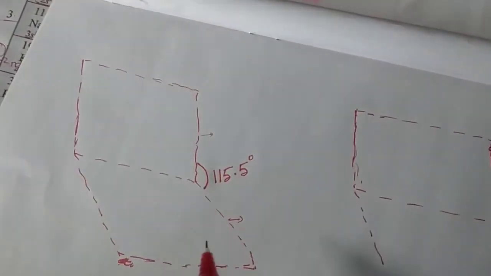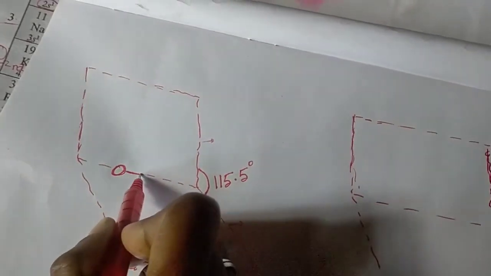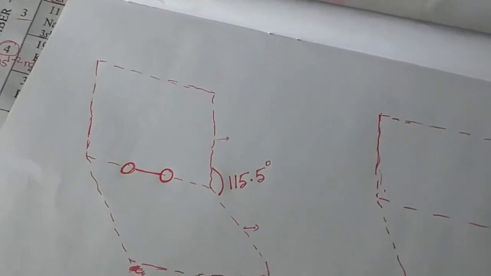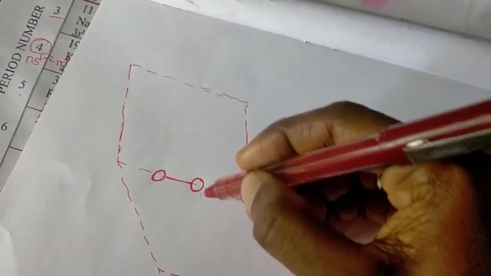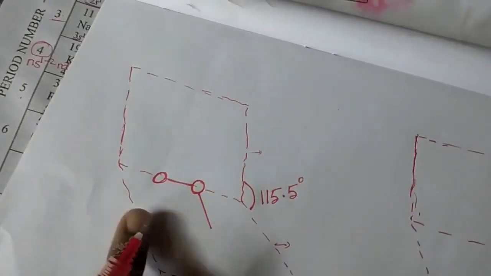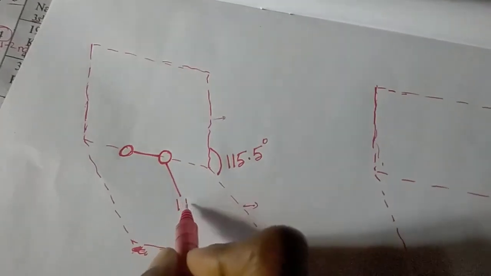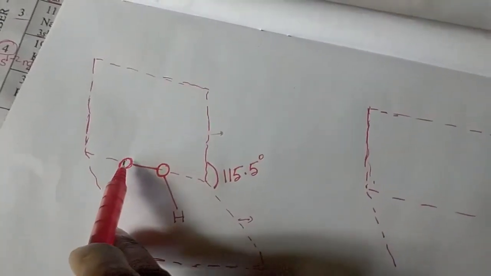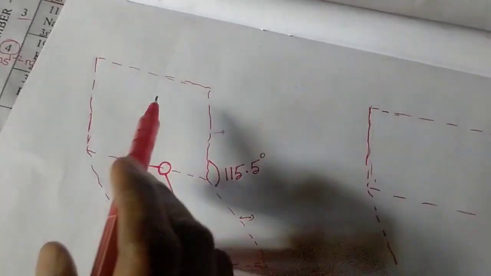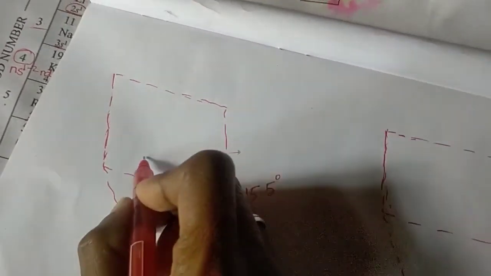In the structure, at the center of the two planes, oxygen is placed. Oxygen bonds with another oxygen, and the hydrogen connected to that oxygen is in this plane, and the hydrogen connected to the first oxygen is not in this plane, it is in the first plane.